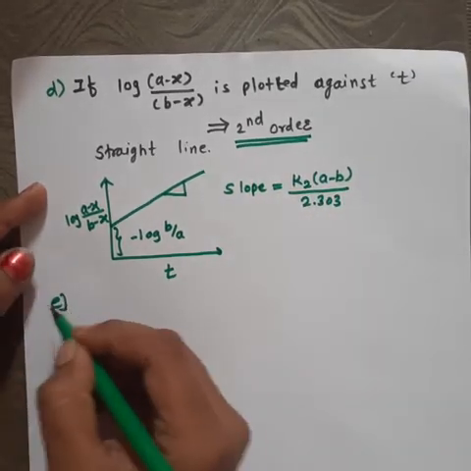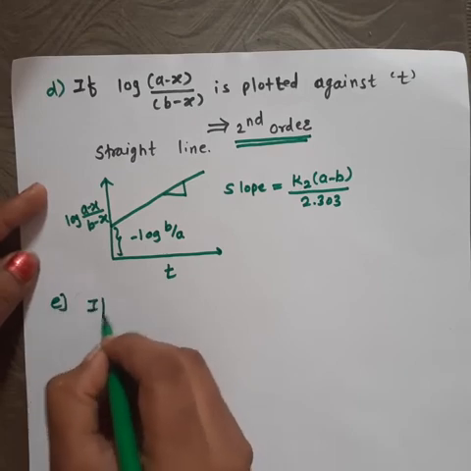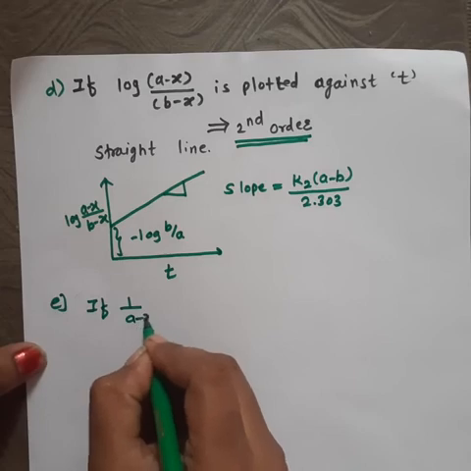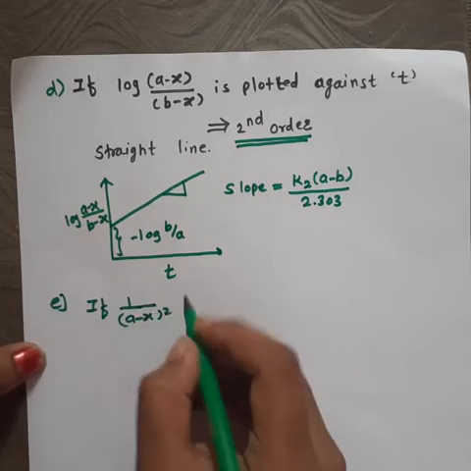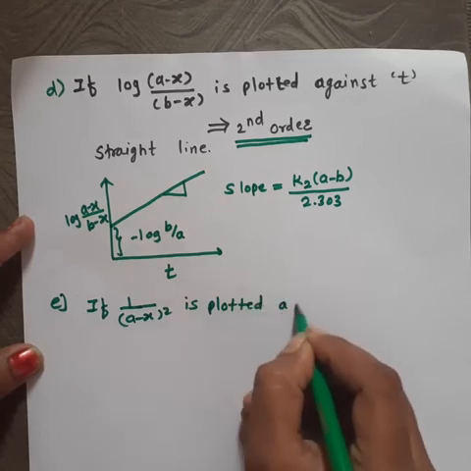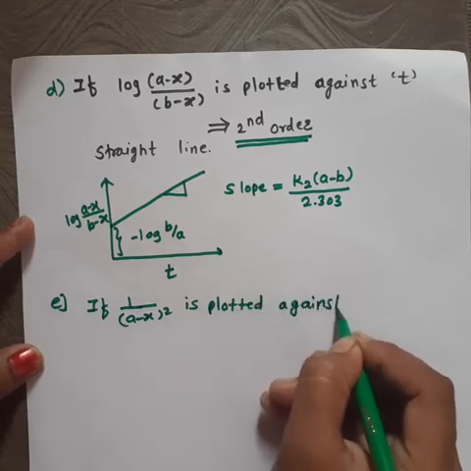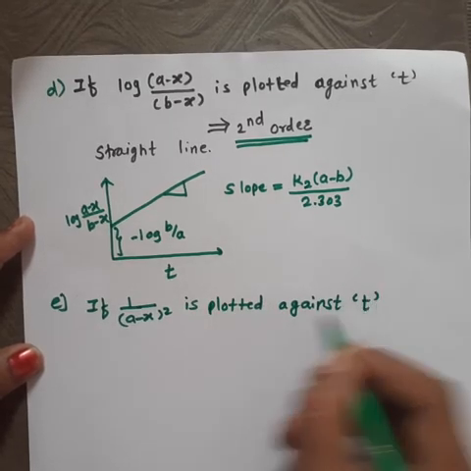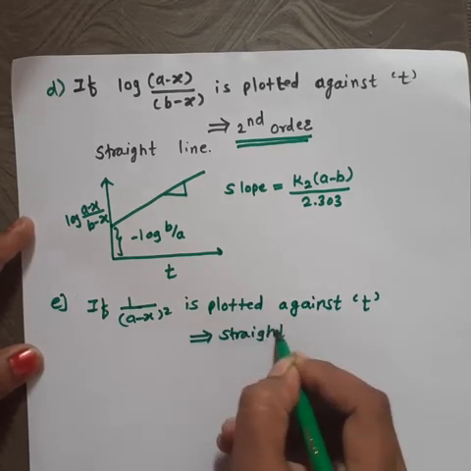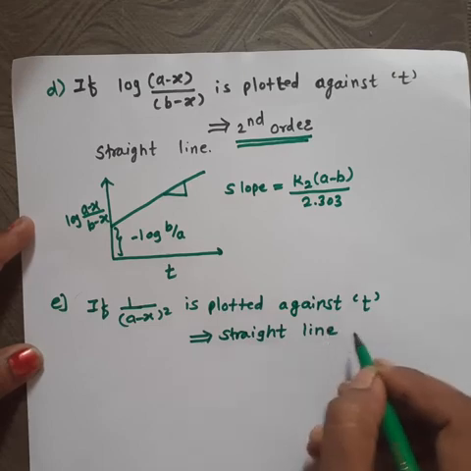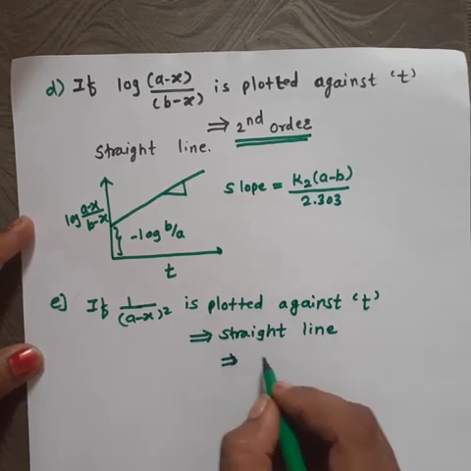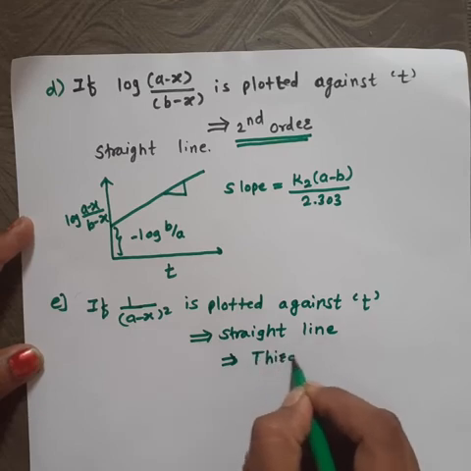And the last case was for the third order reaction. If 1 upon (a minus x) whole square is plotted against t, we again got a straight line, and from this we can say that this is a third order reaction.